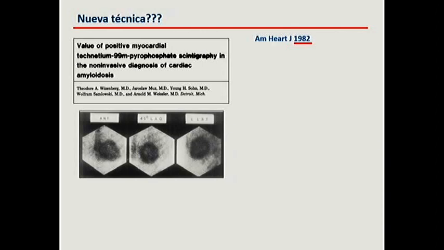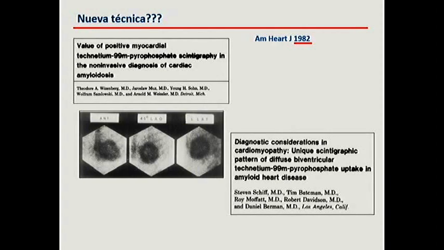As Dr. Salmon was saying, this is nothing new. The uptake of phosphates in amyloidosis, here's a work from 1982, but there are some earlier ones showing some diagnostic considerations about cardiomyopathy. At that time, there were no subtypes known.